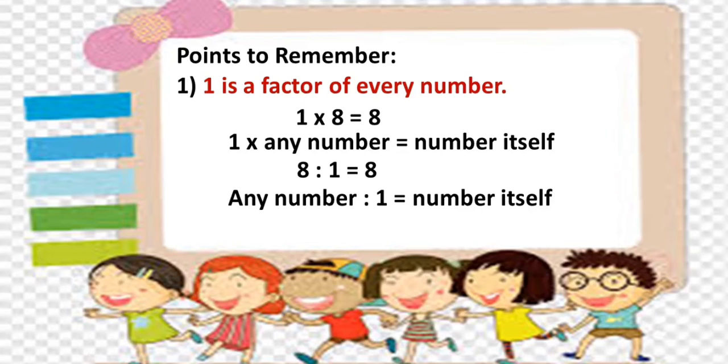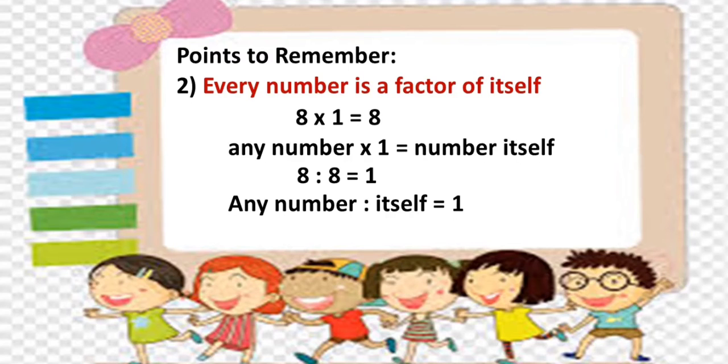Jika kita kalikan 1 dengan angka berapapun, hasilnya adalah angka itu sendiri. And 8 divided by 1 is equal to 8. Any number divided by 1 is equal to the number itself.